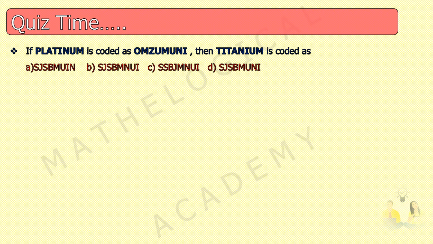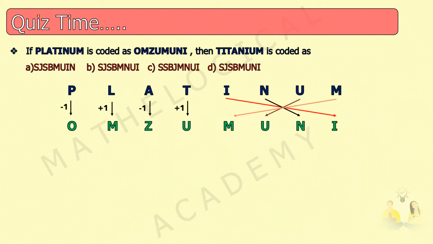Next question. If PLATINUM is coded as OMZUMUNI, then TITANIUM is coded as. You have 5 seconds. Our pattern. Here in the first 4 letters, letters are shifted one place back, then one place front, then one place back, and then one place front.